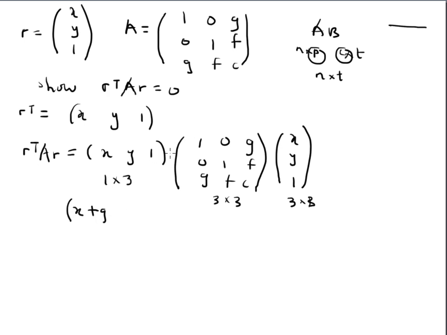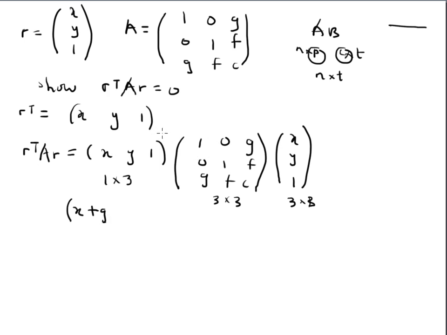Don't be tempted to separate them. If you are confused, you can replace them with numbers and multiply, and see whether you will be adding or separating. Then come back and do so with the variables, because sometimes with the variables you are tempted to separate them as individual terms. So now we get x plus g as our first term.